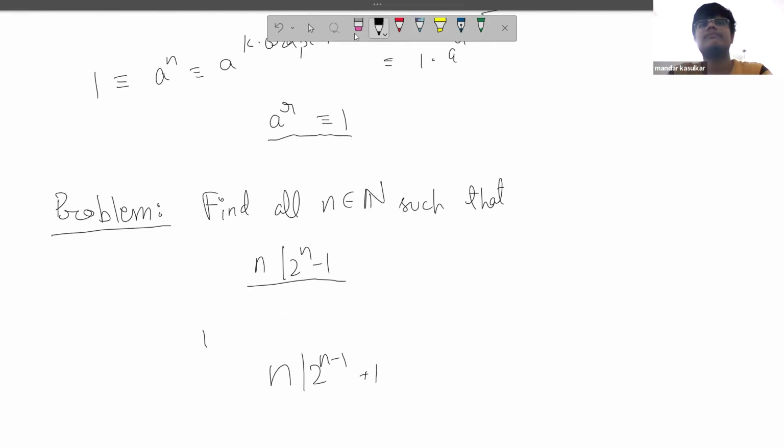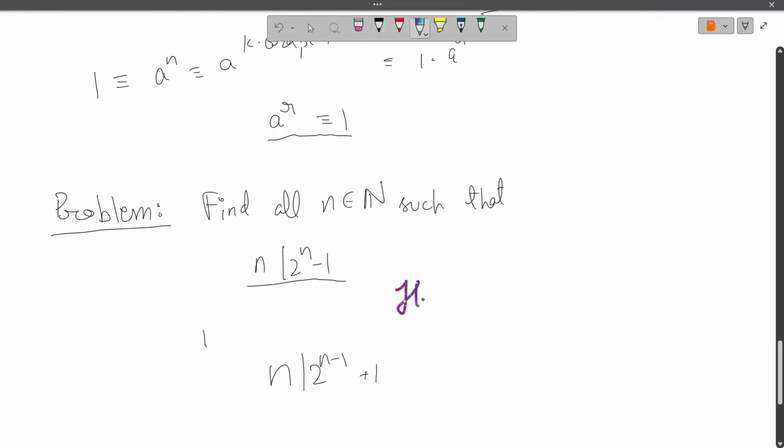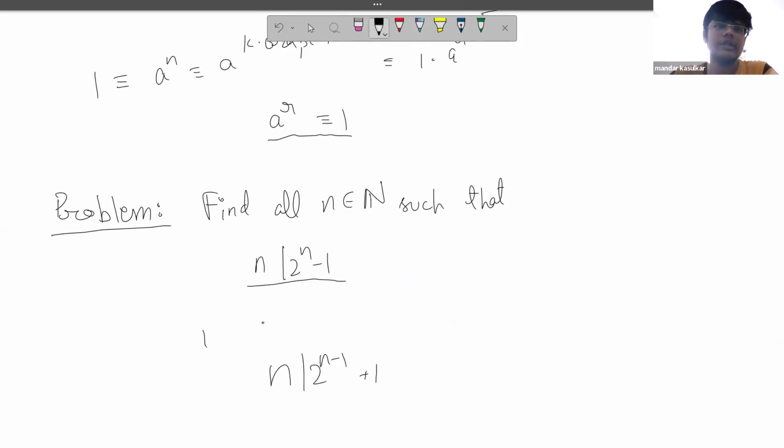Any ideas, people? You can take some prime dividing n, and then that prime will divide 2 raised to n minus 1. Yes, that is correct. That is a good idea.